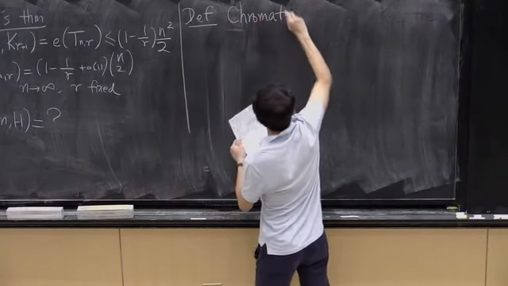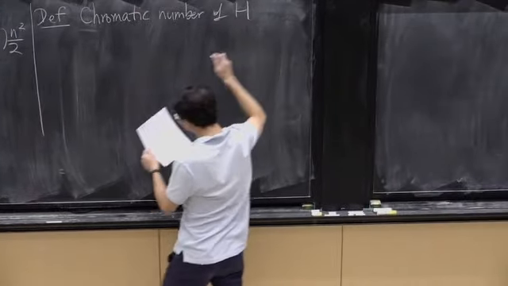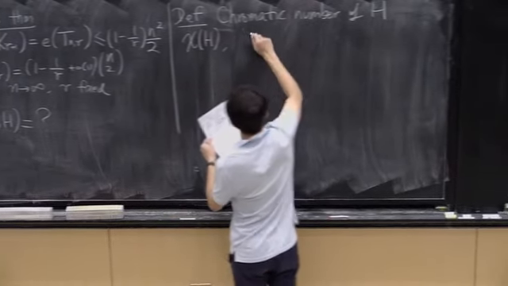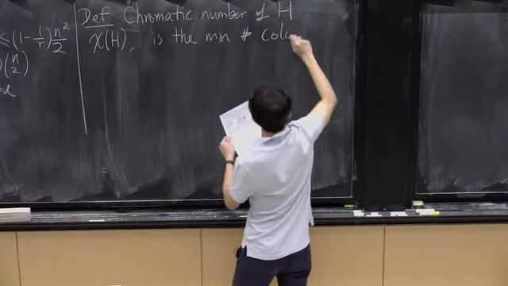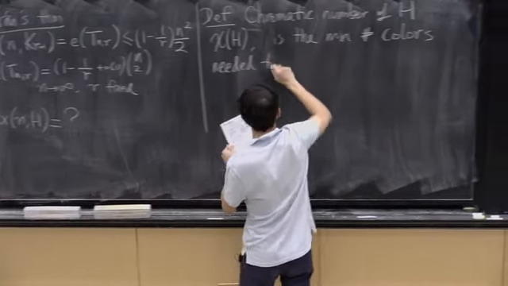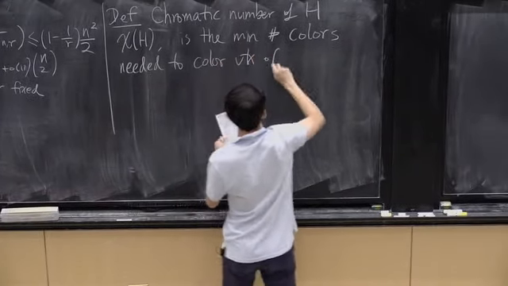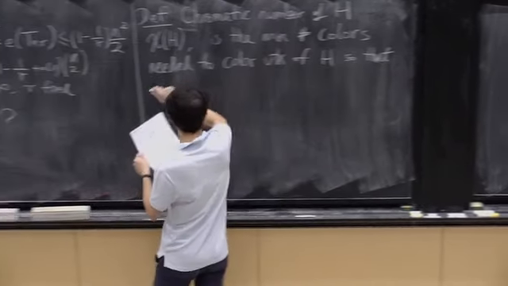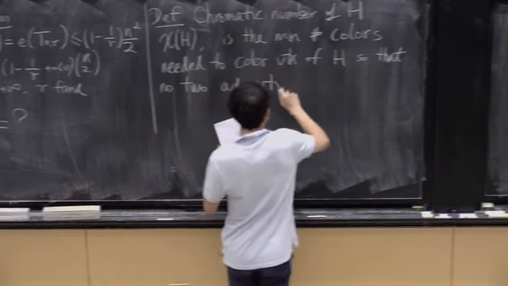So the chromatic number of H, denoted chi of H, is the minimum number of colors needed to color the vertices of H so that no two adjacent vertices have the same color.